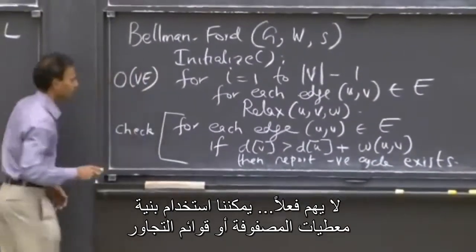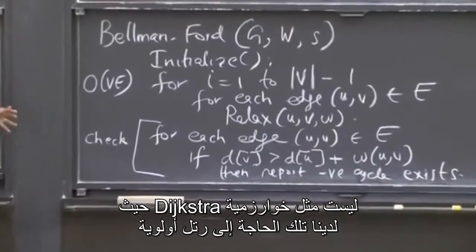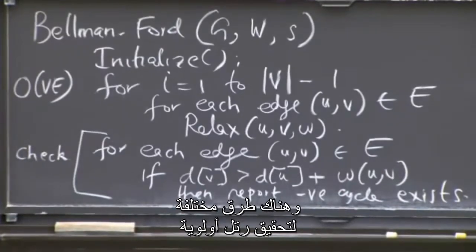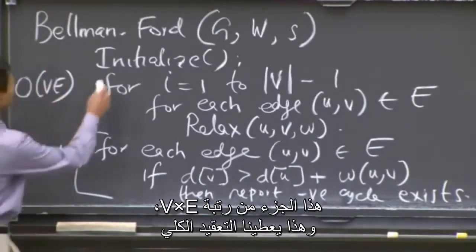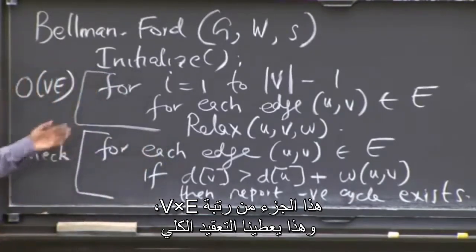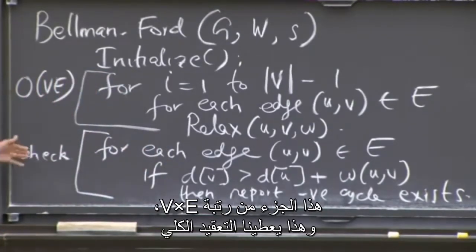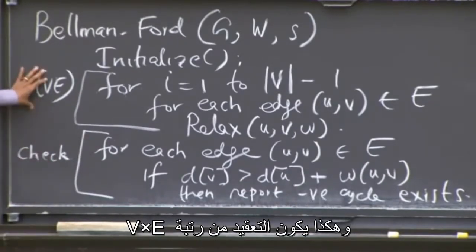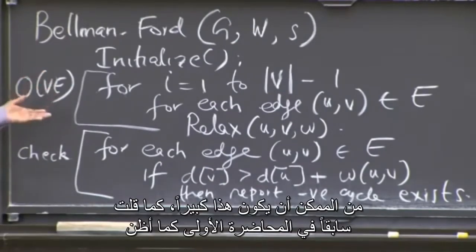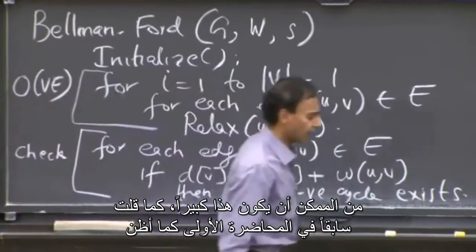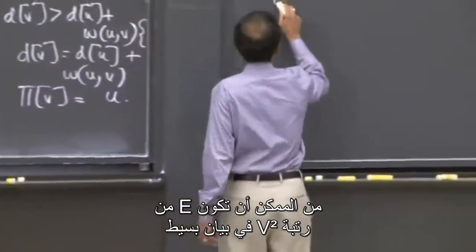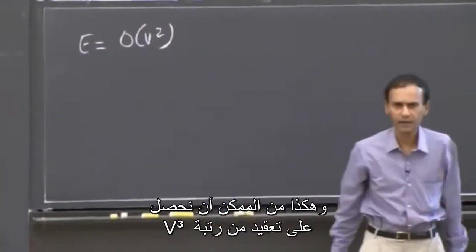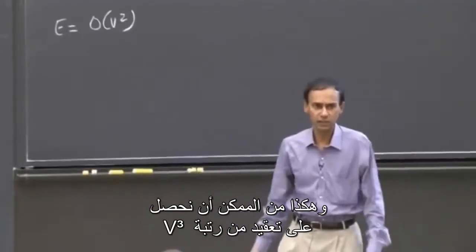It doesn't really matter. I mean, you can use an array structure, adjacency lists. It's not like Dijkstra where we had this neat requirement for a priority queue, and there's different ways of implementing the priority queue. This part would be order VE, and that gives you the overall complexity. This part here is only one pass through the edges, so that's order E, like you said. And so the complexity is order VE. And this could be large. As I said before, in the first lecture, E could be order V squared in a simple graph, and so we might end up with a V cubed complexity if you run Bellman Ford.